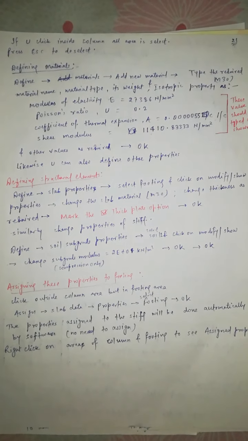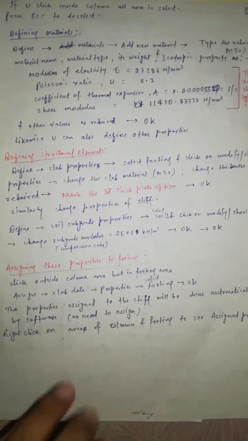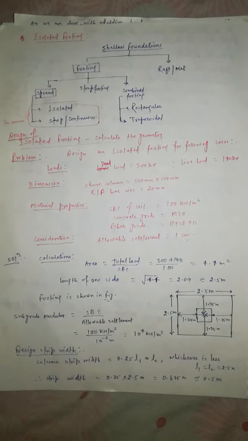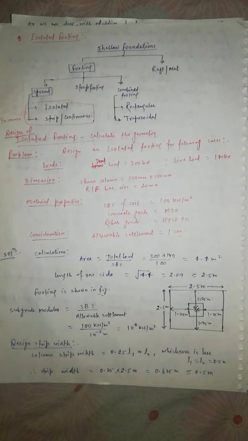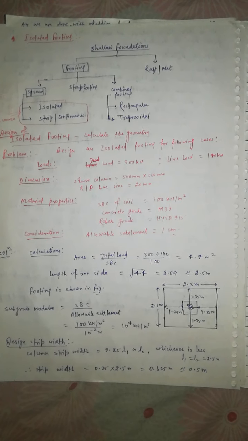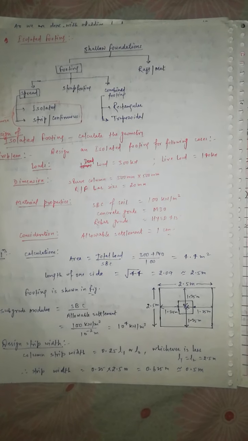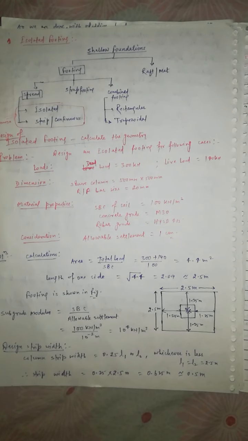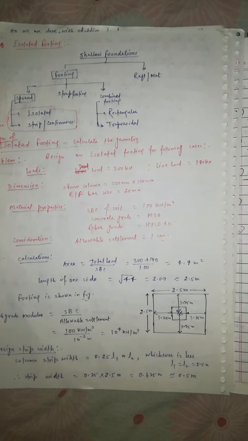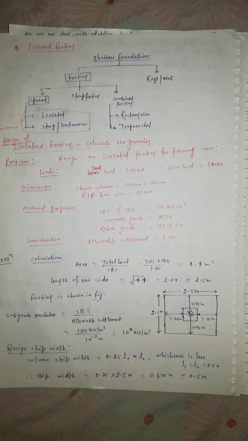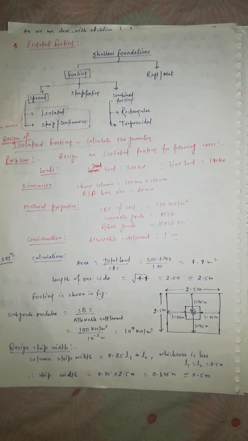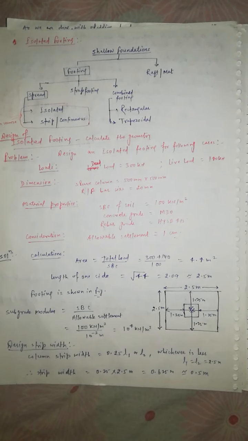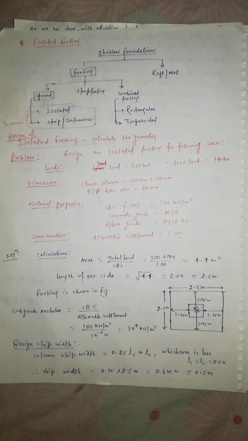Now I am going to show you the project that I have done. Basically, this is my project, that is, design of an isolated footing. The question is given as: design an isolated footing for the following case, that is, dead load 300 kN, live load 140 kN, column dimension a square 500 by 500, reinforcement bar size 20 mm, and material properties are given as you can see.